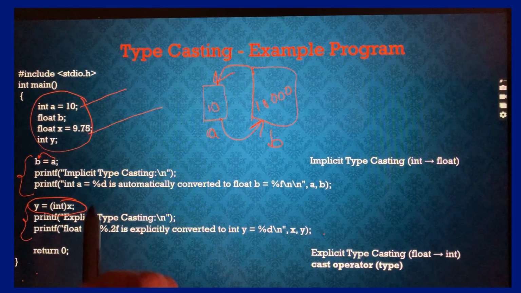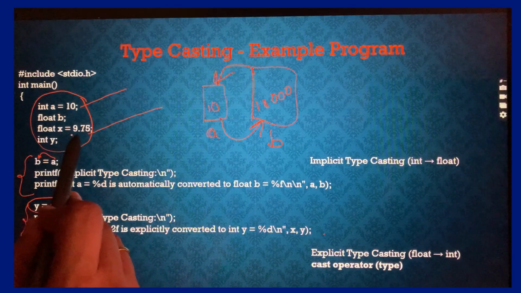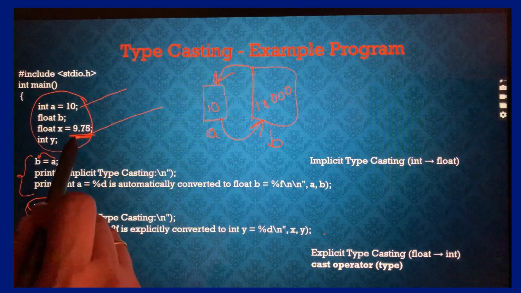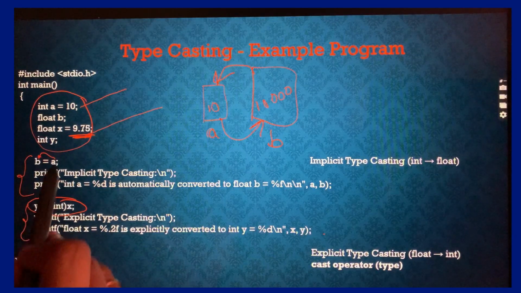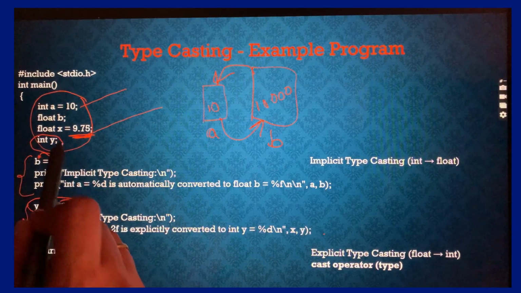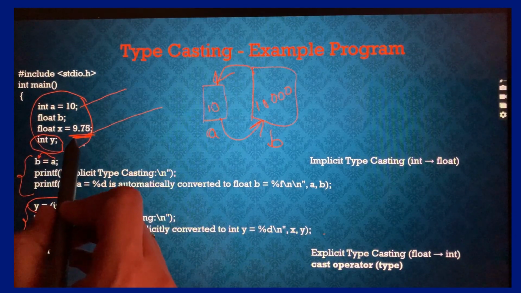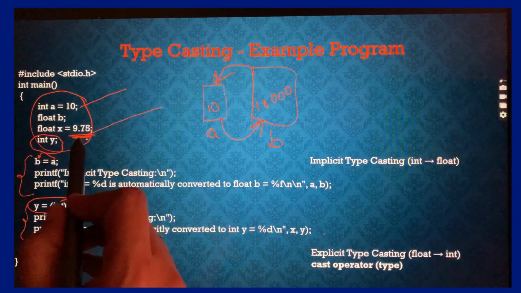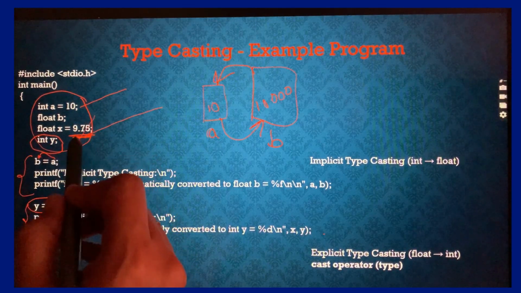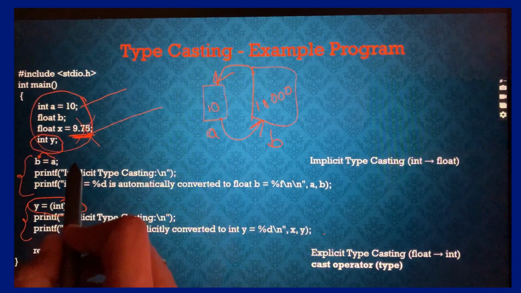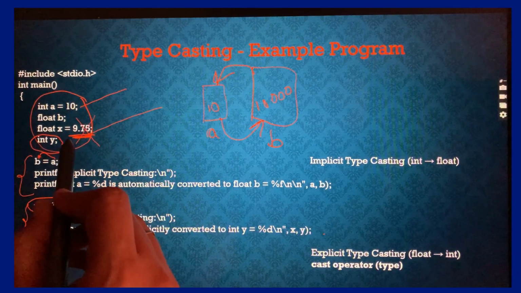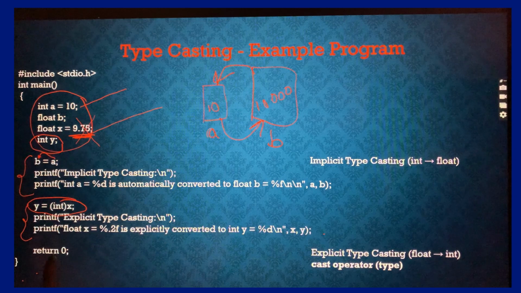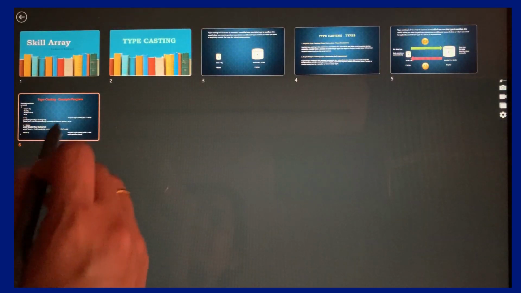Okay. So in this program, my larger data type holds 9.75, whereas the next value y is empty. So now when I'm trying to store the value of 9.75 into y, the decimal part will get truncated and only the whole part will get stored.